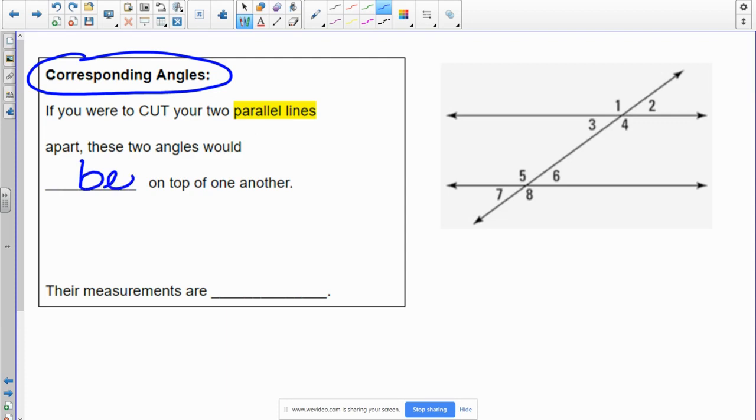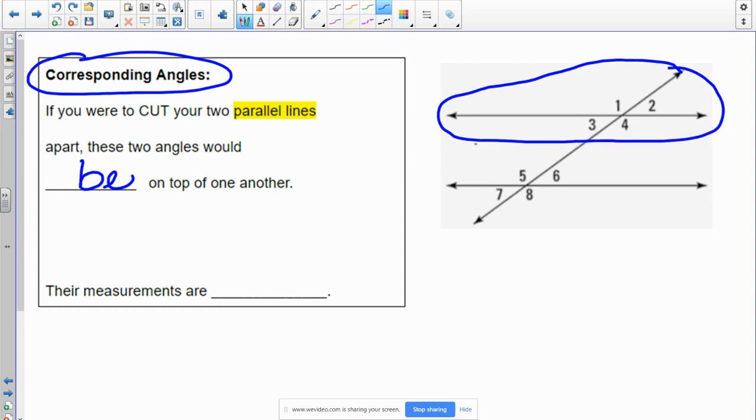If I would take this and cut these two apart, so this would be one section and this would be one section, and then I would take this middle and place it on top of this one, that means they would have corresponding angles.